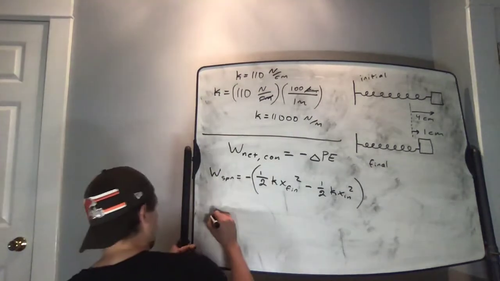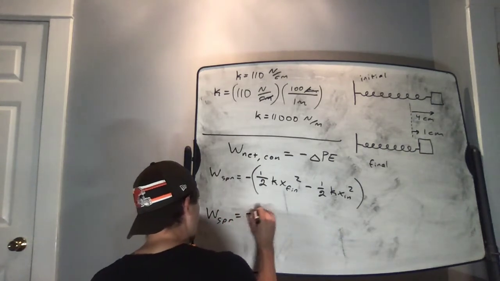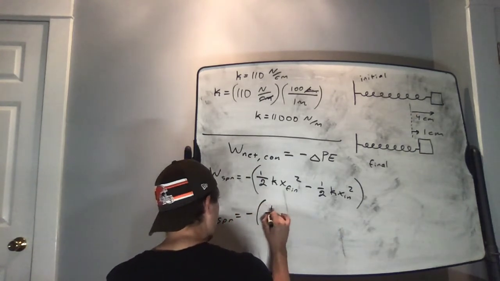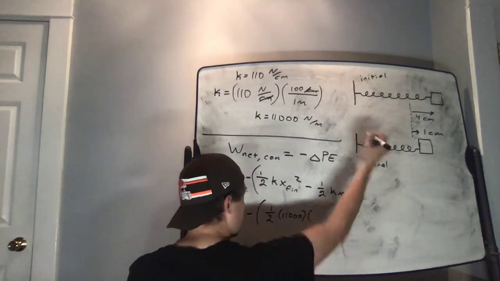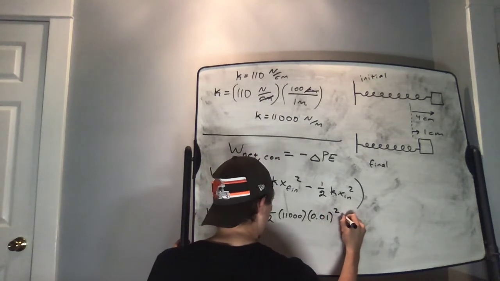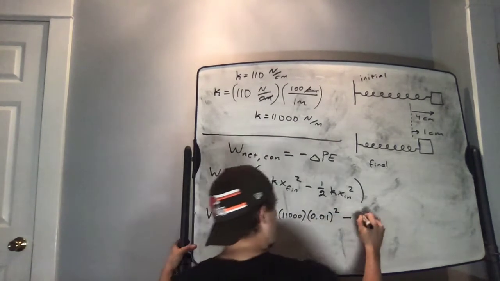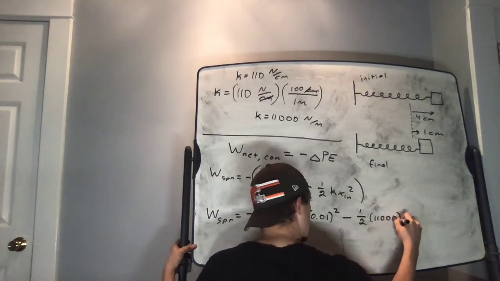So I could write the work done by the spring is equal to negative 1/2 times 11,000. X final is 1 centimeter, I write that as 0.01 squared, minus 1/2 times 11,000.